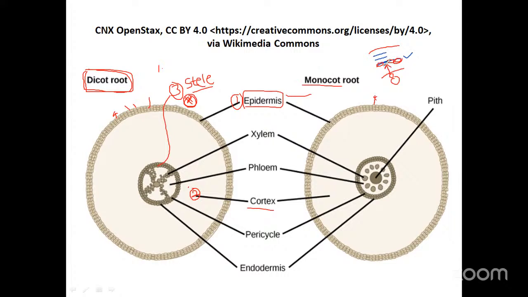The function of passage cells: from the epidermis, the root hair absorbs the water, and this water moves from the epidermal cells to the cortex cells, cortex to endodermis. But as the endodermis has Casparian bands, they do not allow the water inside.